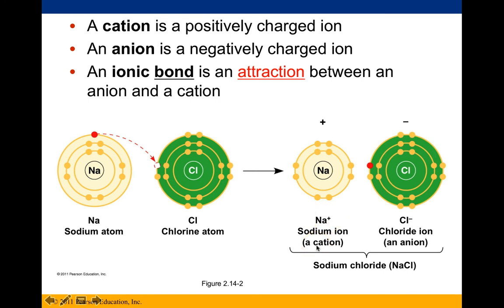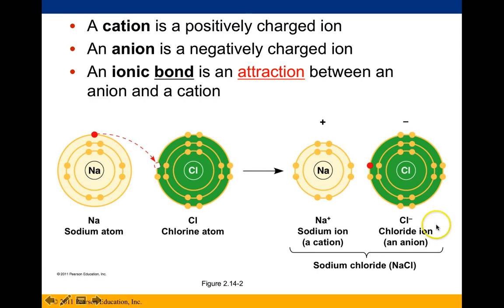Think that you like cats, and whenever your pet comes near you, you feel that positive energy. So cation is positively charged particle. Cat lovers. Anion, onion cutting makes you cry. Negative charge, right? Negative energy. So negative feeling. So anion is negatively charged particle.